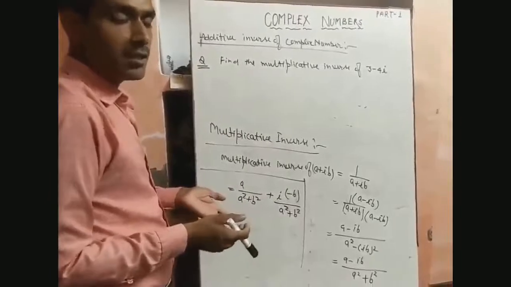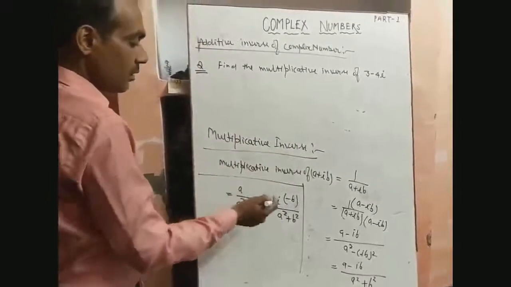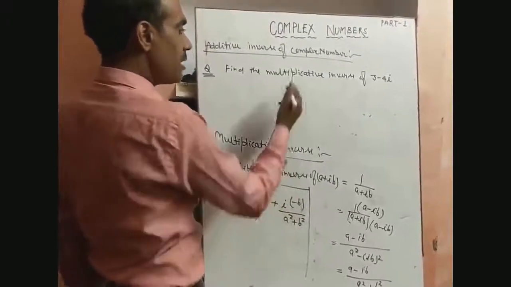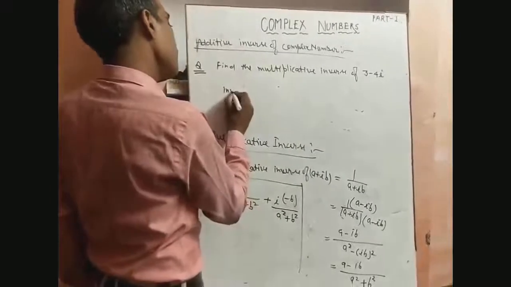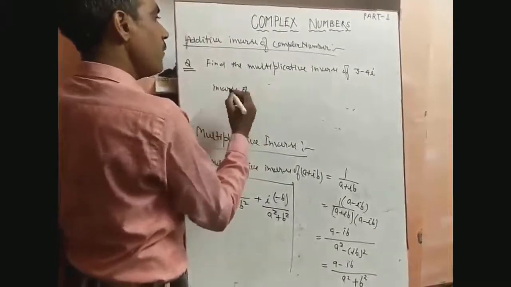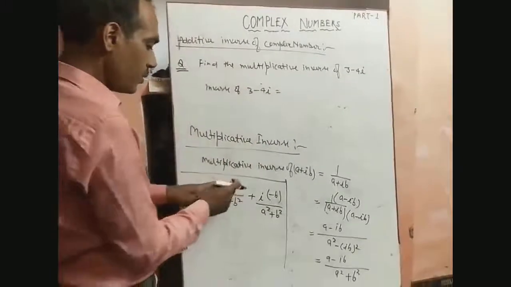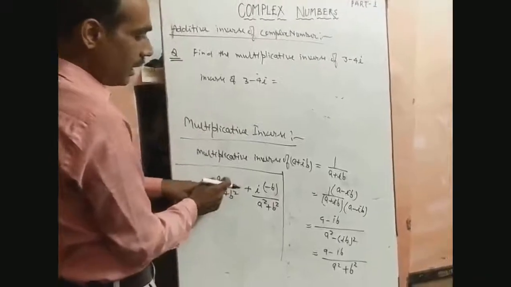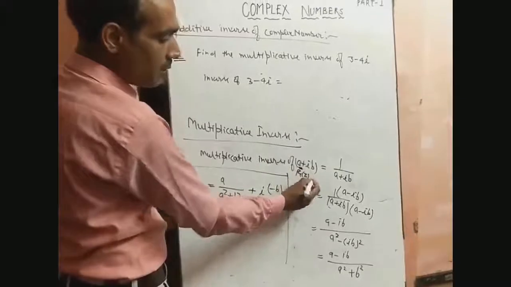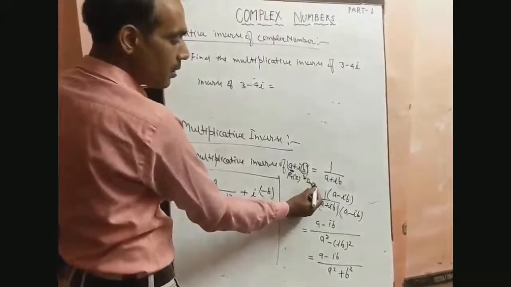If the question is linear or in one word, then you can use the direct formula. Okay, the multiplicative inverse of 3 minus 4i is equal to, use this direct formula. What is a? Here a means the real part. What is b? b means the imaginary part. Okay.